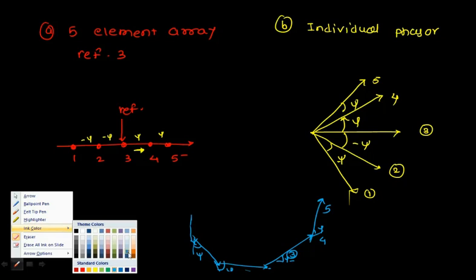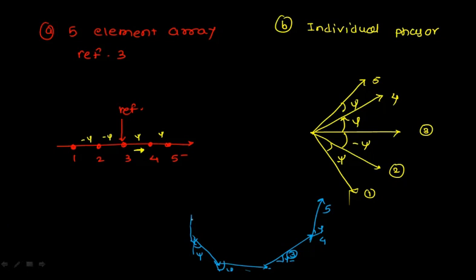So just add this one, this will be your total electric field. So I can say this will be theta is equal to 0 and this will be your total electric field. So this 3 और इसका जो भी angle है वो theta is equal to 0. So I can say this is the phasor diagram for the center of the array as a reference. So I'm considering 3 as a reference. ठीक है.